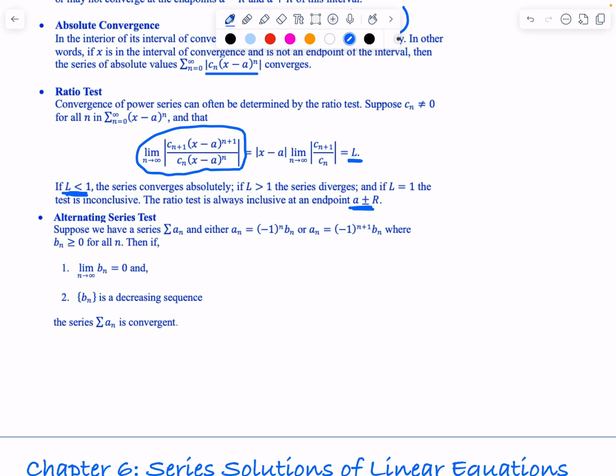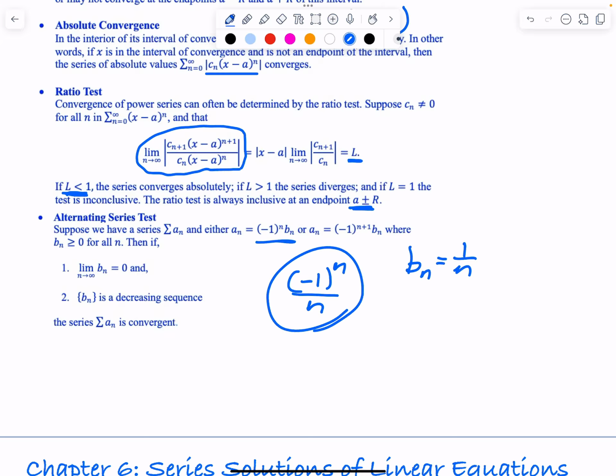Okay, alternating series test. This would be an example of a series that alternates between positive and negative. If that was my sequence, b sub n would be 1 over n. To tell if this series converges, the limit of b sub n must go to 0.